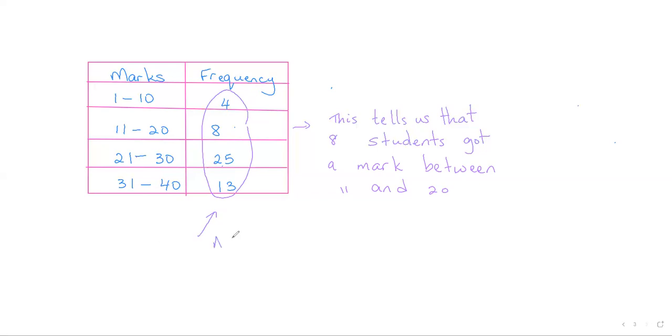So by adding up my frequency, that's going to give me the total of all the numbers that I have. Do we understand that? Because remember, if I were to imagine 4 numbers, and then the 8 numbers, and then the 25 from this range, and then the 30, if I were to add up all of that, that's going to give me my number of numbers. So adding the frequency will give me the total number of numbers.